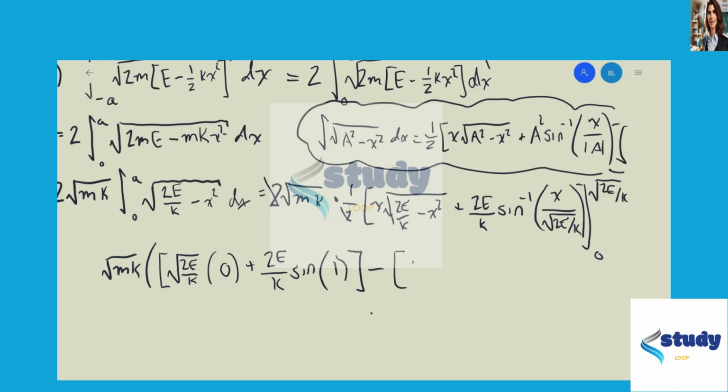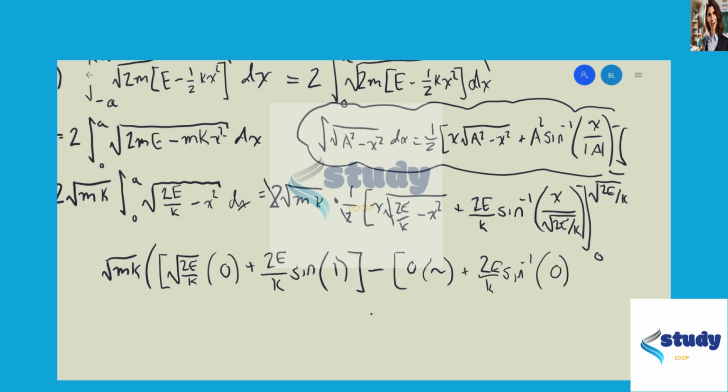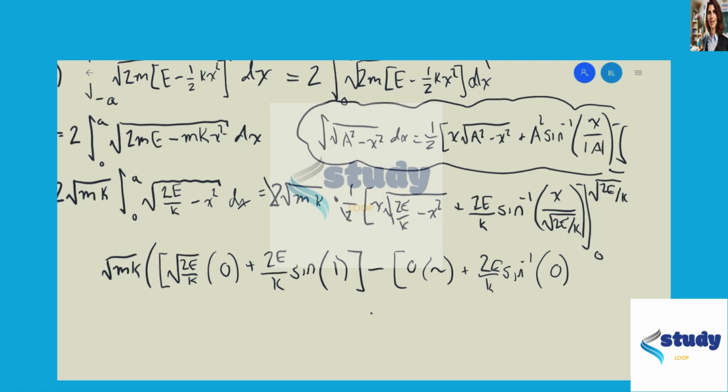Plugging in 0 for x, now we'll obtain 0 times a quantity, which we don't really care about because it's multiplied by 0, so it will go away, plus 2e over k times the inverse sine of 0 divided by something, which is just 0. Okay, so now that means that this one's going to go away, and the inverse sine of 0 is asking what angle do we plug in to obtain 0, which is 0.